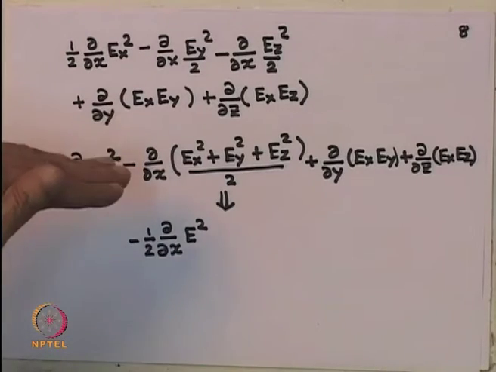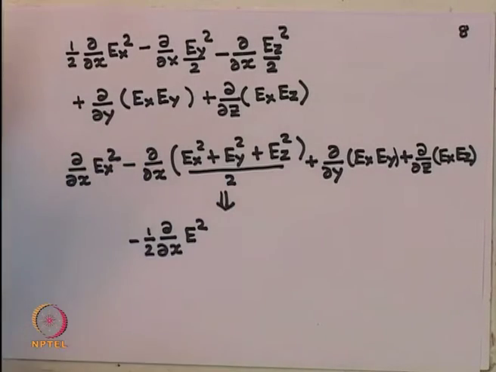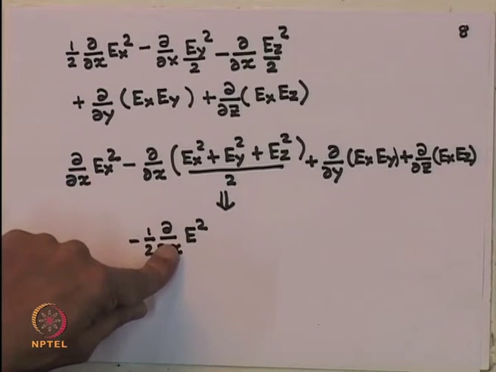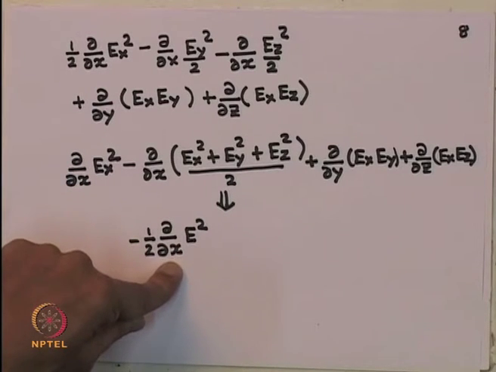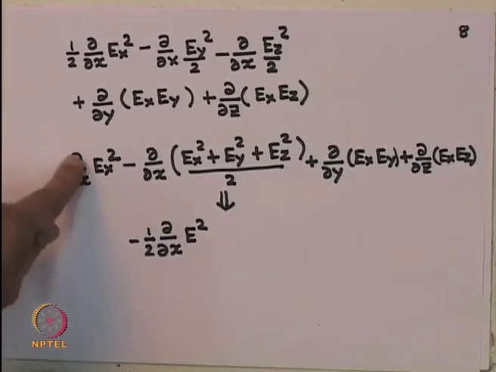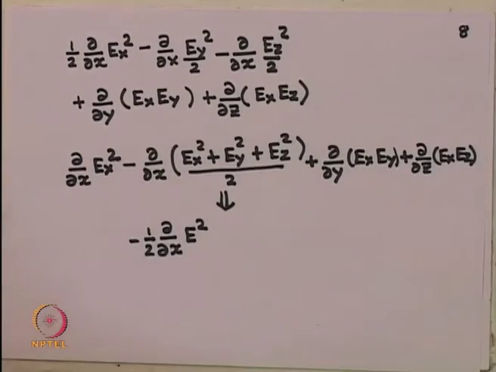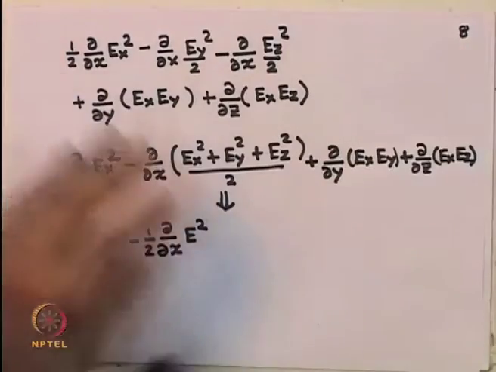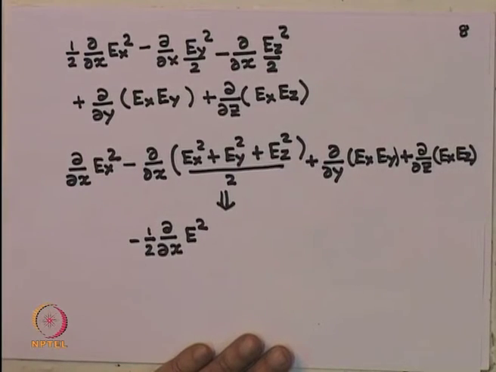So, I have a term which is associated with the Poynting vector term. I now have a term which is with the amount of energy that is stored in the field. The term that is remaining, which is still in a big mess, is the term which will be associated with the momentum of the electromagnetic field.